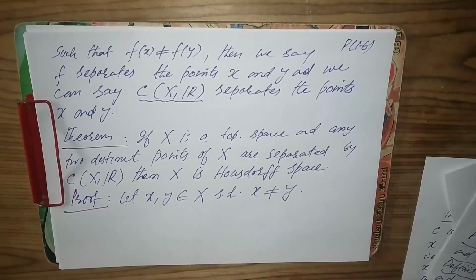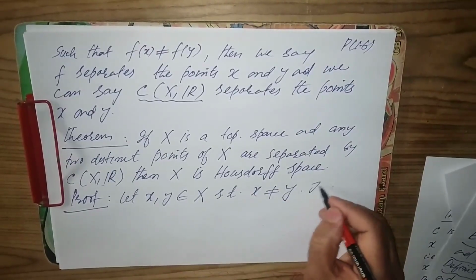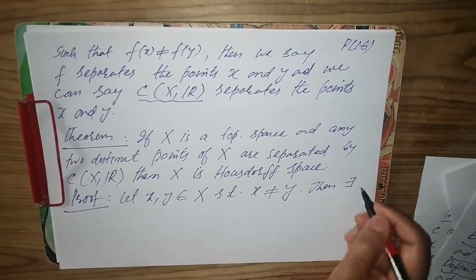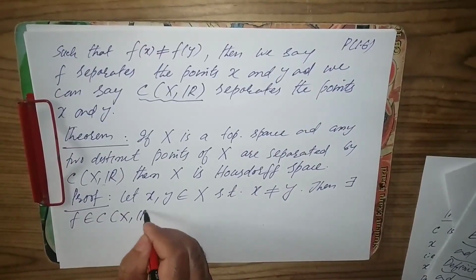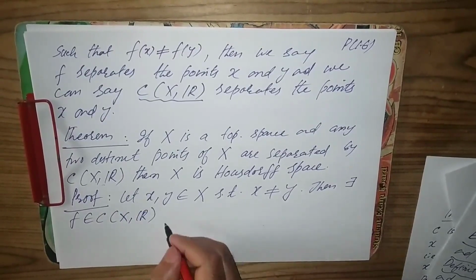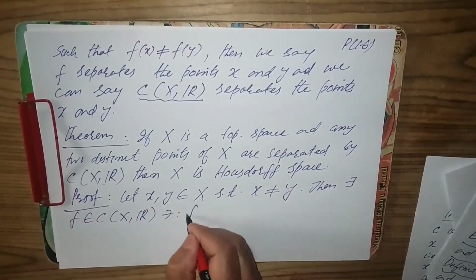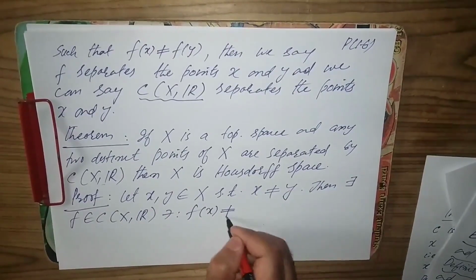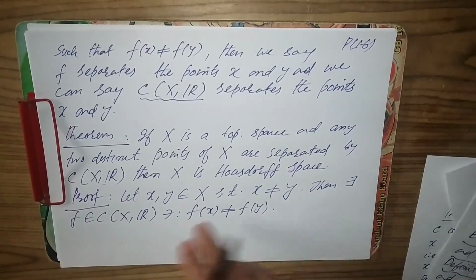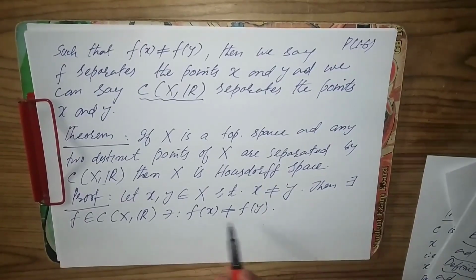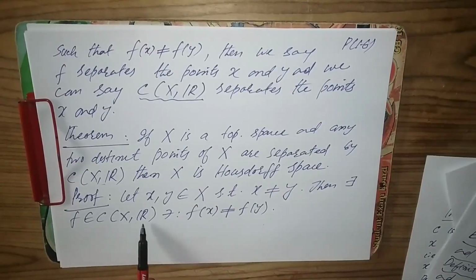So then there exists some continuous map f in C(X,R) such that f of x is not equal to f of y. Now f of x and f of y are real numbers because f is a mapping between X and R. So let's assume that f of x is less than f of y.